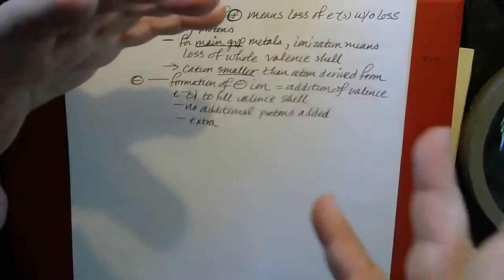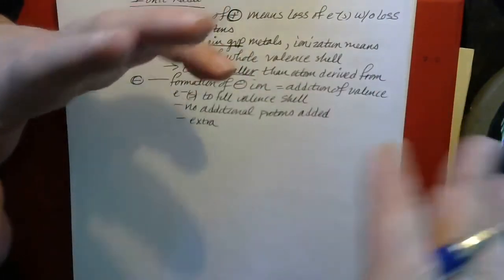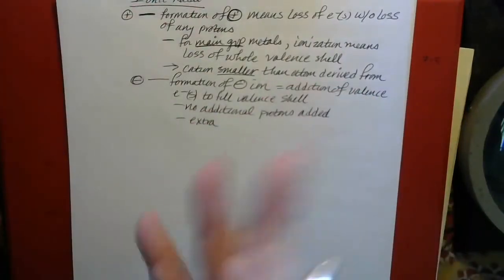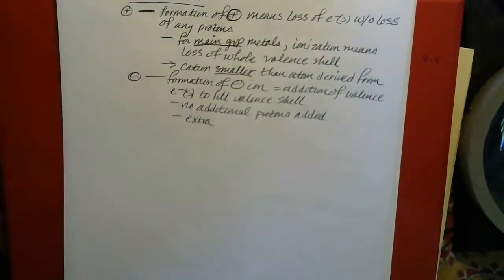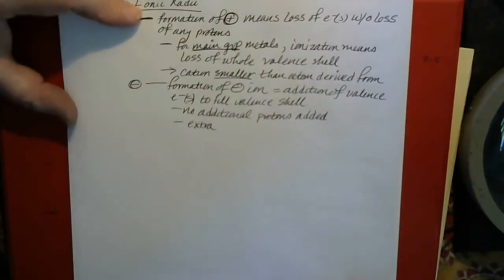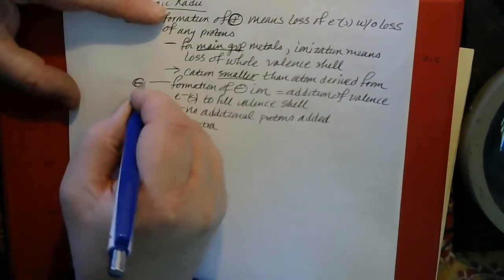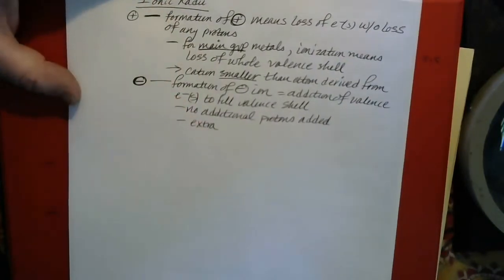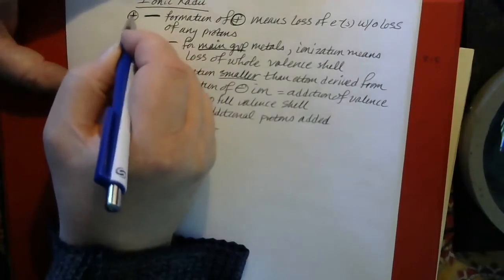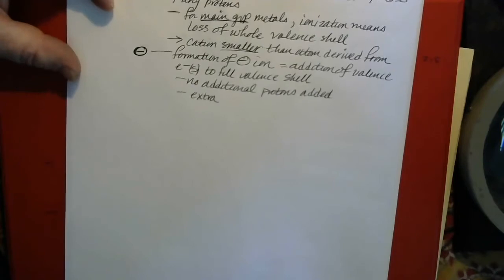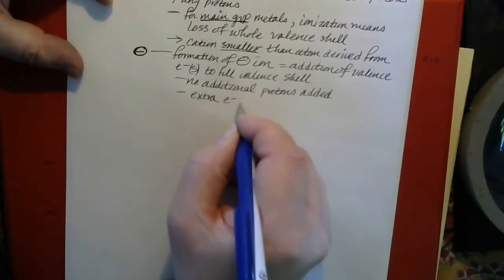The reason is that more electrons in the valence shell means that they repel each other that much more, and that causes them to spread apart a little bit more. That is enough to overcome any additional attraction from the protons in the nucleus.